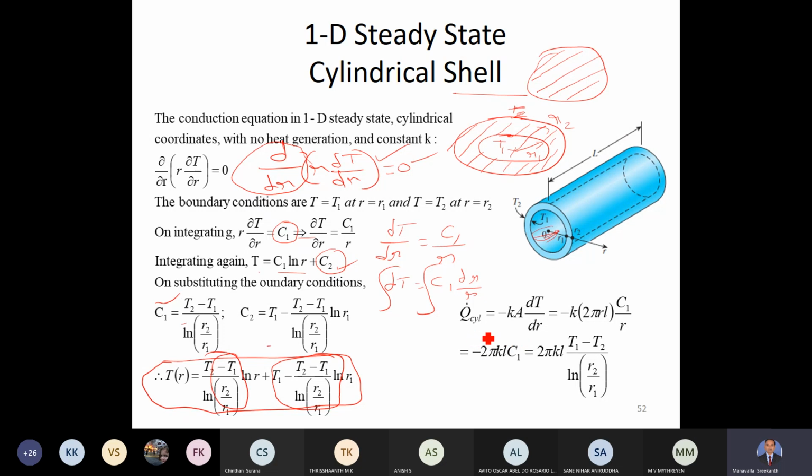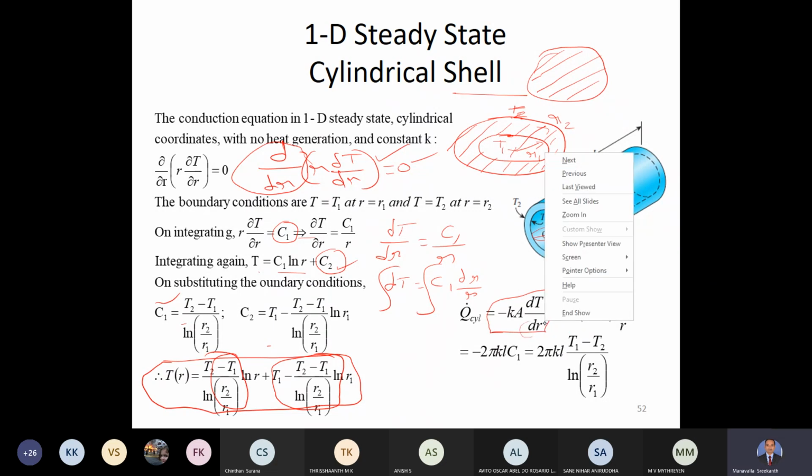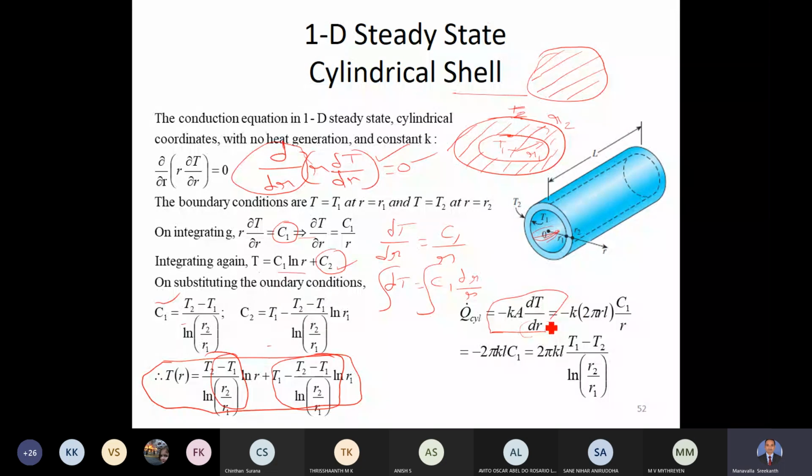So heat transferred inside a cylinder is again minus kA dT by dx, but in this case the space dimension is the radial direction. So in place of dT by dx we write dT by dr. Okay, because this is in the radial direction. So dT by dr is something we need here.